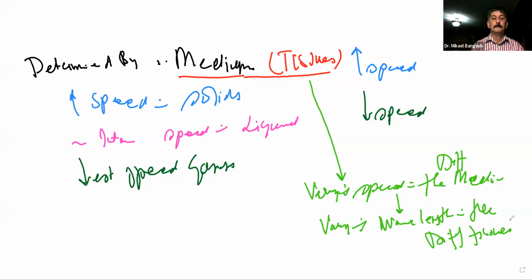Clear? But it is not going to be the other way around. Varying wavelength is not going to affect the speed.